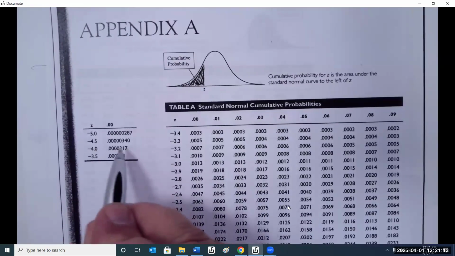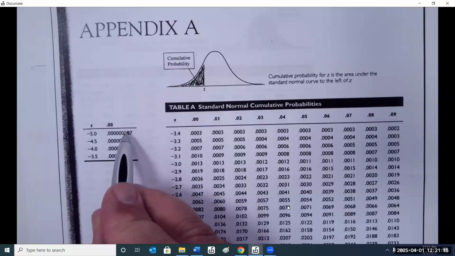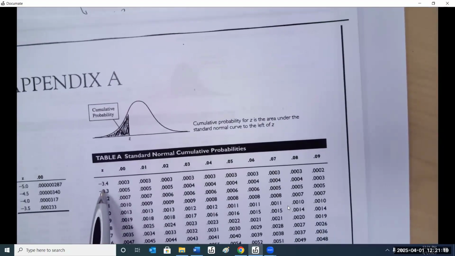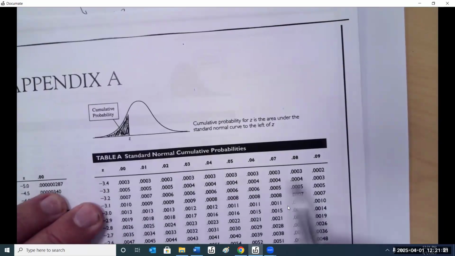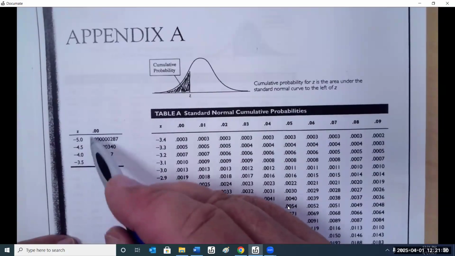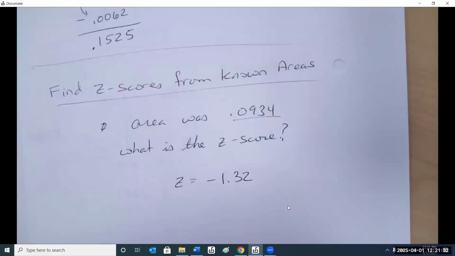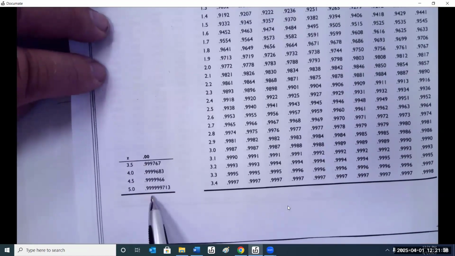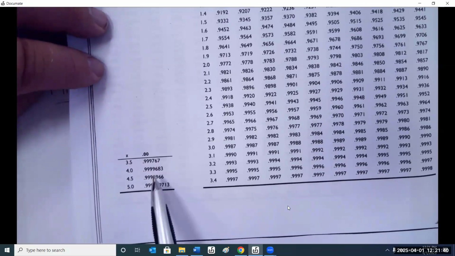If it's negative 0.45, it's going to be that. You see that this number, negative 3.4, goes all the way to negative 3.49. What happens from 3.49 to 5.0? That's what this is all about. Same thing on the other side. This chart goes down to 3.49. What happens beyond that? That's where you jump into these values.